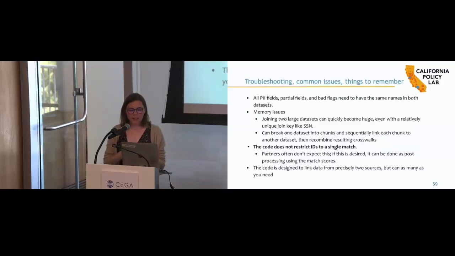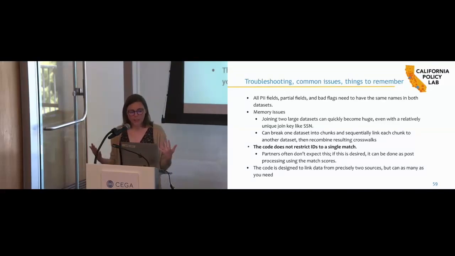Some common things that have come up. The columns in both data sets need to be the same for the fields that you're linking on. So if first name is FN in one data set, it needs to be FN in the other data set. And that's how our code will know that this is the same field in both data sets.